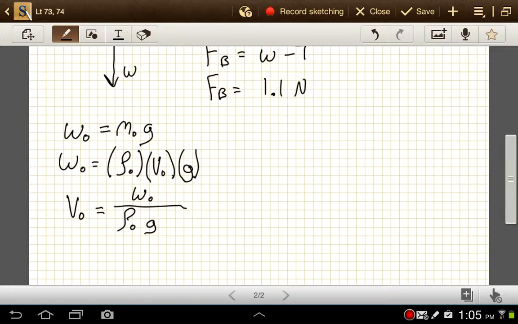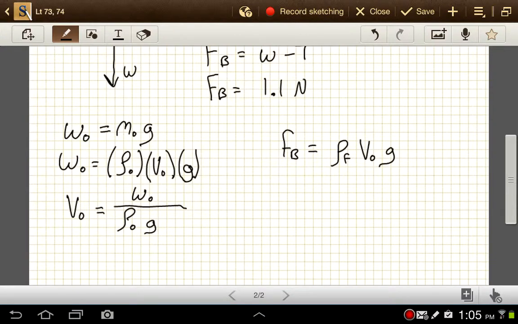If we go back to Archimedes' principle, the one that we developed just a minute ago, we found that the buoyancy force is equal to the density of the fluid times the volume of the object in there times gravity. So now we've got this expression for volume.